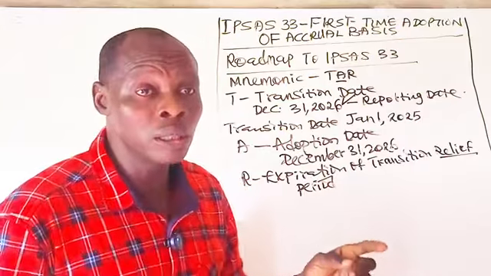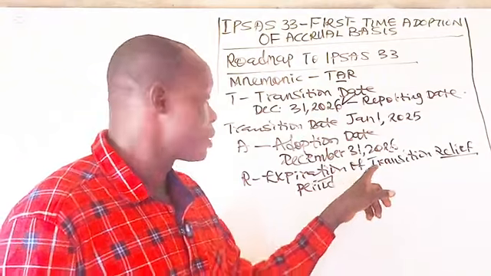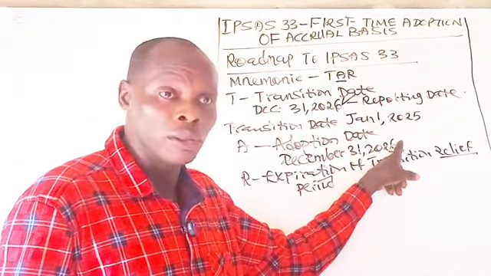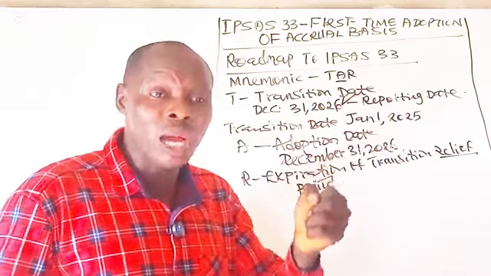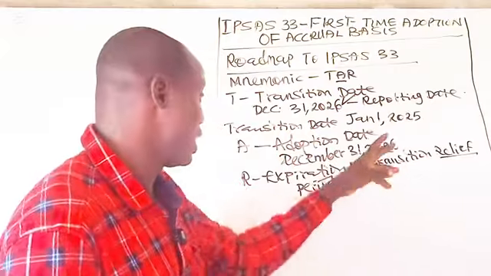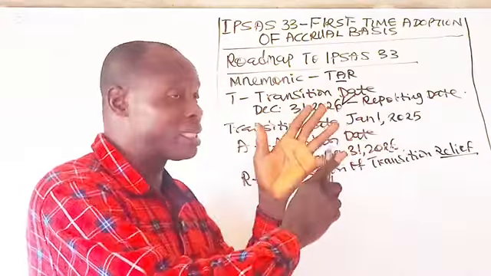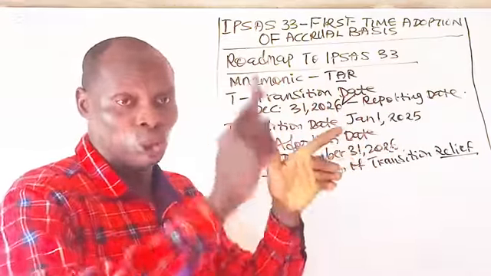If your adoption date is December 31st, 2026, your transition exemptions expire on December 31st, 2029. After this year, you count 3 years: 2027, 2028, 2029.